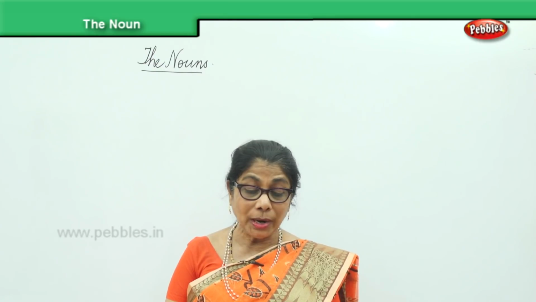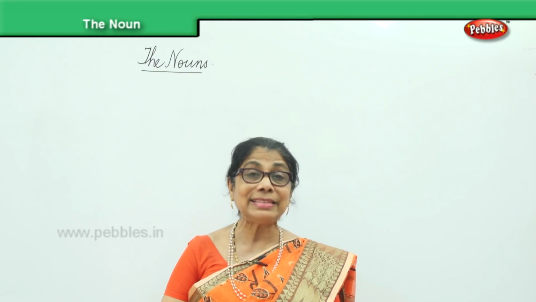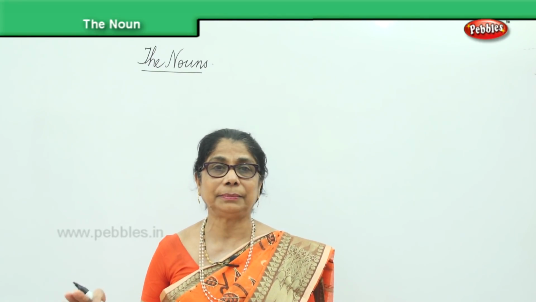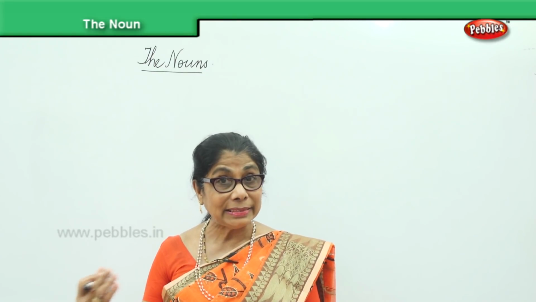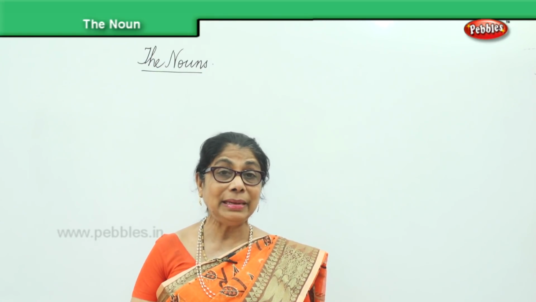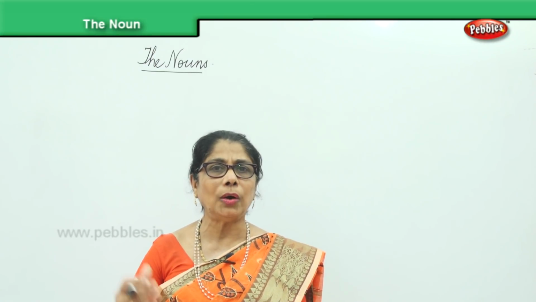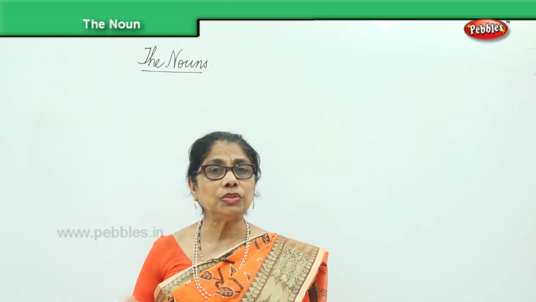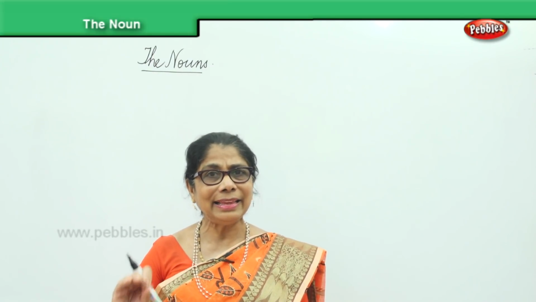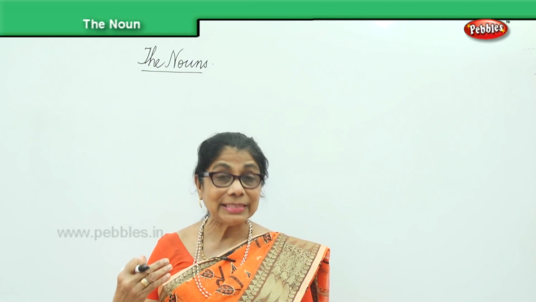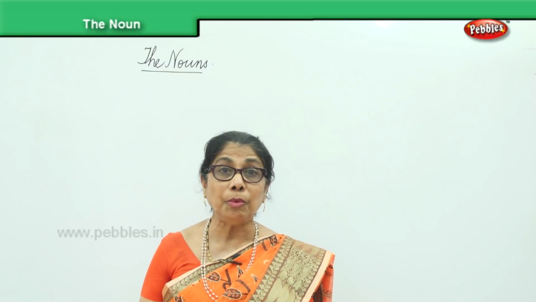Naming word is a noun. Yes? Now, words which are used as names of persons, places, animals, things. When you say person, we can say Peter, John, Alan, Rani. We can also say she, he, they. Then we can say places, Chennai, Mumbai.